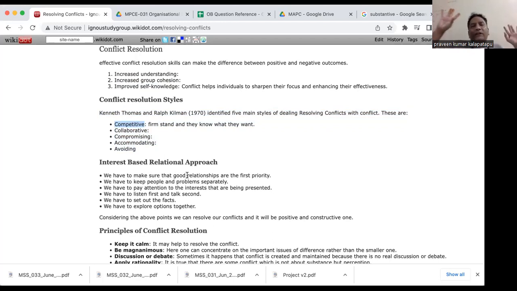I'm not resolving the conflict by taking the other's interest into account. It is my own interest. That's all. Okay, collaborative. Collaborative is win-win. I will give a solution in such a way that neither you have a problem nor I have a problem.